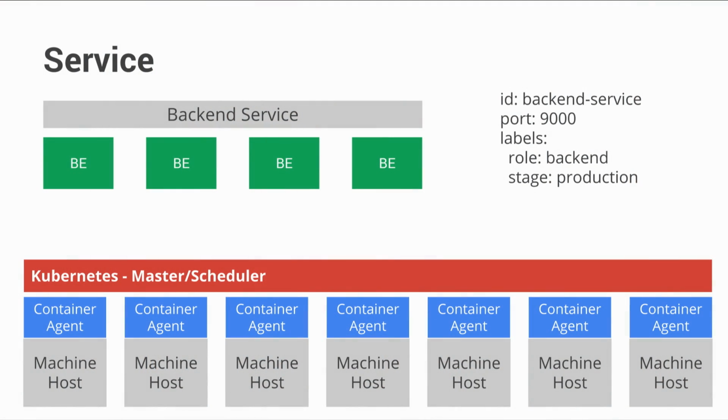And Kubernetes for you creates this service endpoint on every single host machine in the cluster, so that on any machine, if you access port 9000 and you open a connection, you're going to be transparently load balanced to one of the containers that match this label query. Again, the organization of these containers means that I can build up these abstractions where I just don't have to care about the details of my system in places where I don't need to.